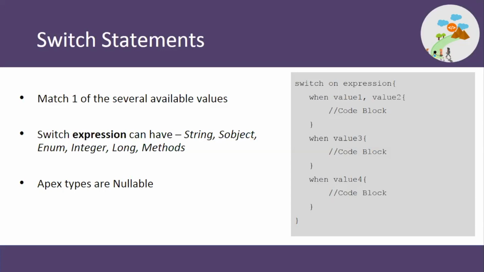Okay, so let's go back to our developer console and understand how to write a switch statement. But before that, one very important thing to understand is that the data types in Apex that we talked about are all nullable, which means all of them, whether it is an integer or a string or maybe an sObject, you could assign them null values.